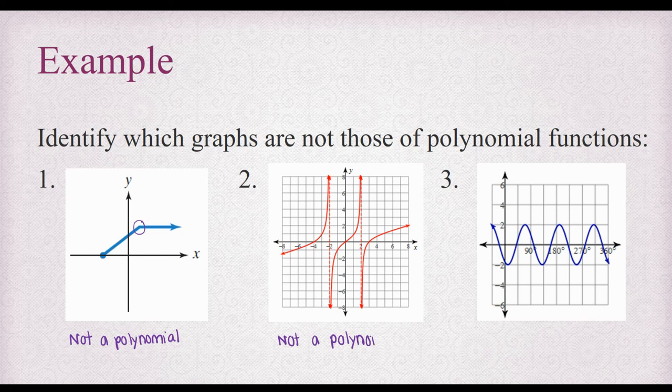And then if I look at this third graph, because everything is continuous, everything has nice smooth curves to it, this one actually is a polynomial. So actually the second picture is something that is called a rational equation or a rational graph, and we're going to be graphing those later on in this chapter. Number 3, this picture right here, is actually a graph of a trig function, and that's something that we'll do second semester.